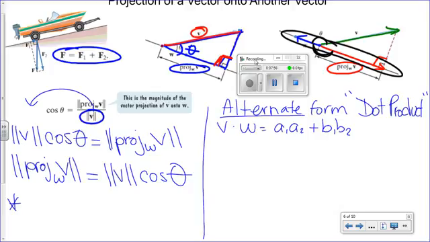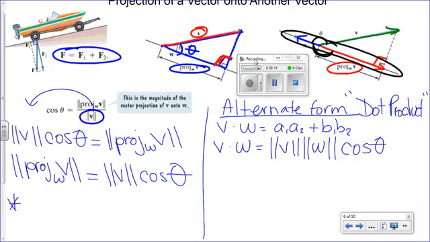Now the one that I'm talking about, the alternate form, goes like this. The dot product between v and w is equal to the magnitude of v times the magnitude of w times the cosine of theta. And so that's what I want to use right now. So I'm going to erase the easy formula so that we don't get confused. We're only using the alternate form.